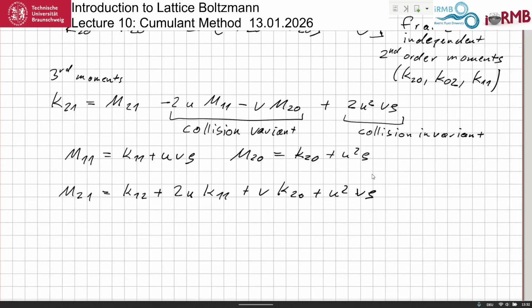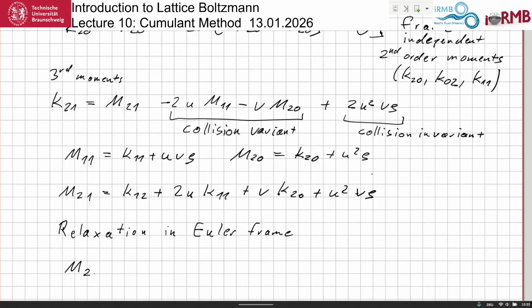So what we do now, with this knowledge of how to translate the raw moment into central moments, is again look at what we would do in MRT. So we'll do the relaxation in the Euler frame.